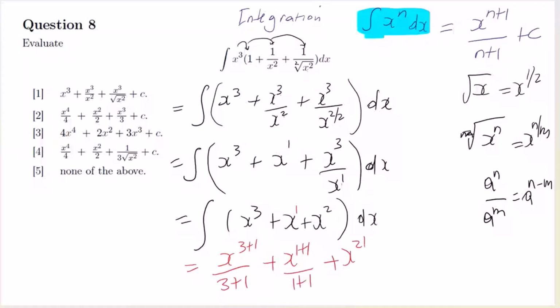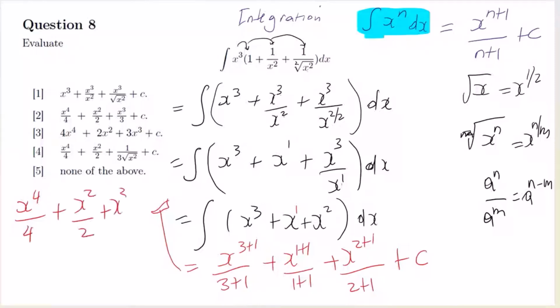Whatever is there must also go there, plus c. Simplifying this even further is going to give me x to the power 4 over 4, plus x to the power 2 over 2, plus x to the power 3 over 3, plus c.